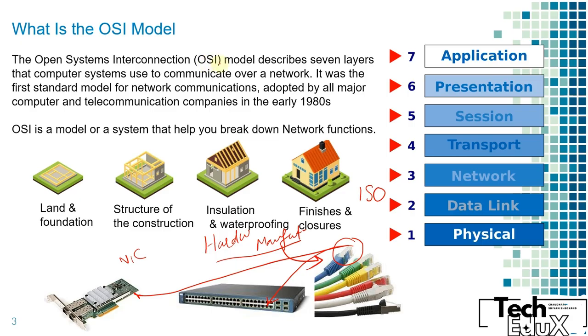OSI is the Open System Interconnection model, whereas ISO is the International Organization for Standardization, which governs the rules of the seven layers of the OSI model. Based on what happens on each layer, you follow those rules to manufacture your Cat 8, Cat 6, or Cat 9 cable that will be compatible with Cisco switches or network interface cards. If you're not familiar with what a NIC card or Cisco switches are, don't worry. Just imagine it is some hardware device, or in a layman example, some mini computer.